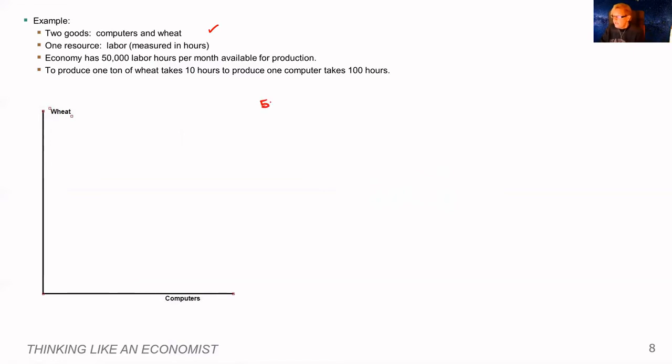So I'm taking the 50,000 labor hours and dividing it by the number of hours it takes to produce one computer, so that's 100, and I end up with 500 computers. Now I automatically go to wheat: 50,000 labor hours, takes 10 hours to produce, so that gives me 5,000 wheat.